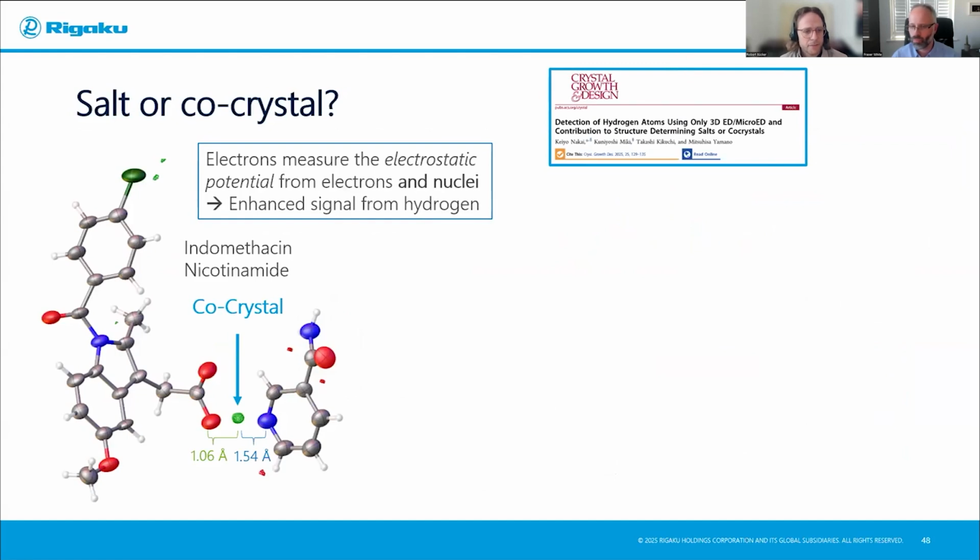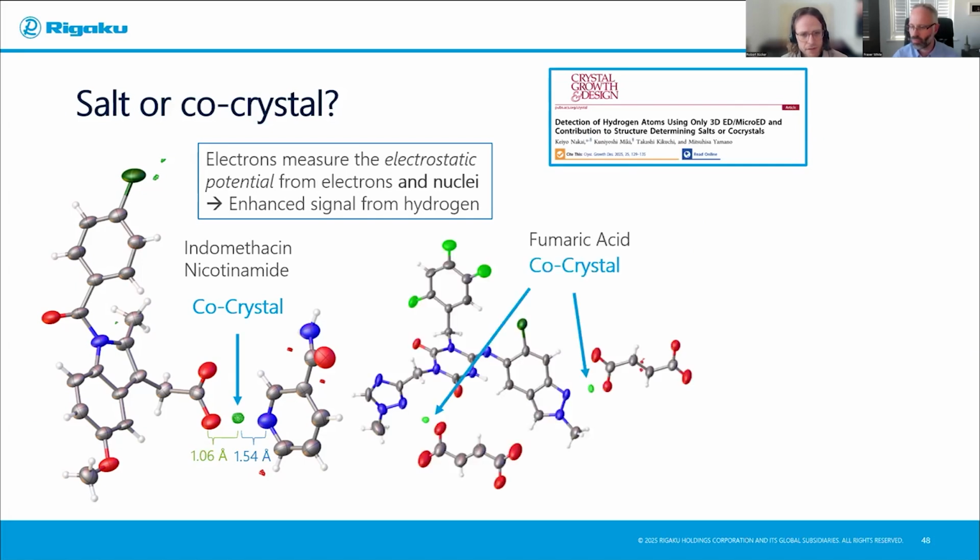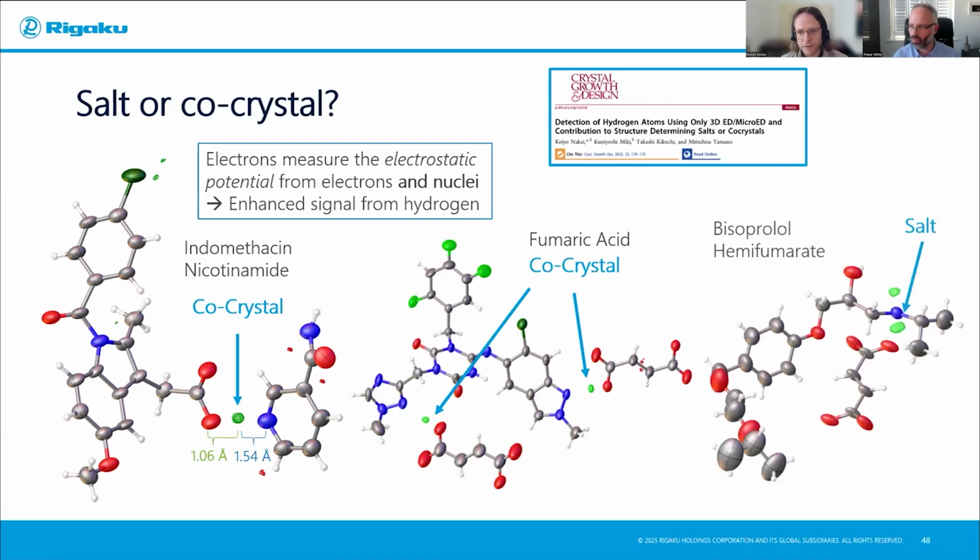They investigated for 3 APIs whether they are salts or co-crystals, just by refining the position of hydrogens to see if the protons actually have been transferred or not. Here you can see that they found a co-crystal just by comparing those distances. Another case was also found to be a co-crystal. And finally, here it was seen that the protons are closer to the nitrogen, and it could be inferred that a transfer happened, and we have a salt here.